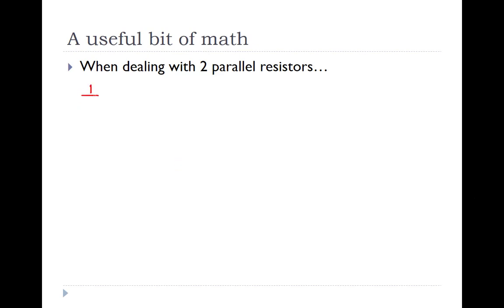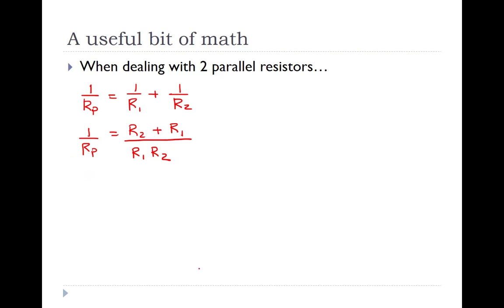So if we have 2 resistors in parallel, 1 over R parallel equals 1 over R1 plus 1 over R2, which I can rewrite as R2 plus R1 all divided by R1 R2, common denominator, and that's 1 over R parallel.